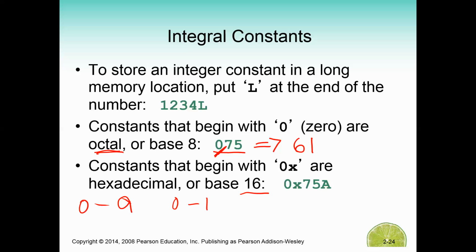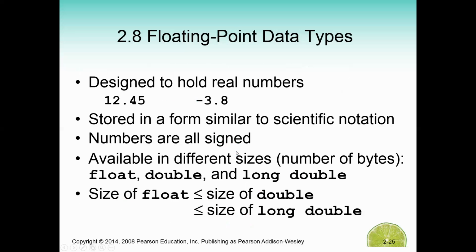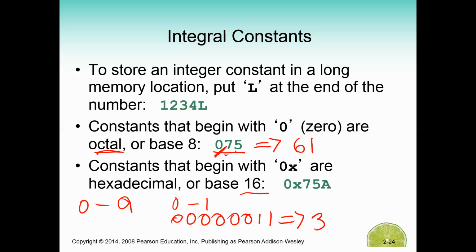It's not a decimal 75. It's a 61. Just like when I put 1 1 0 0 0 0 0, this is not an 11, right? What is it? It's a 3. The same thing here. This 75 is not a value of 75 in our decimal system, but it's a 61.